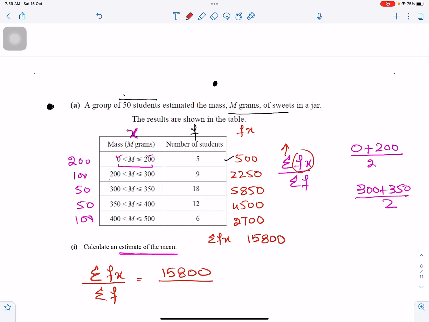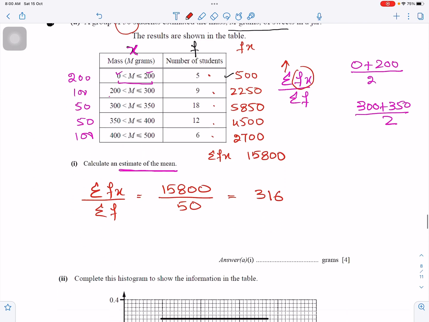Some students just count 1 2 3 4 5 and they write 5 here. No, it's group data, right? The frequency is individually given to you. So you will add 5 9 18 20 12 6, which gives you 50. So you will write 50 here. So let's divide it by 50 and get the answer. It is coming 316. So the estimated mean is 316 gram.